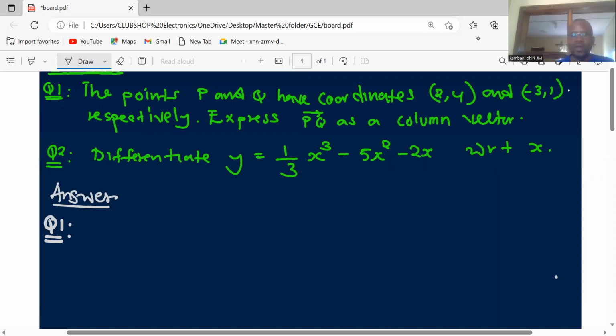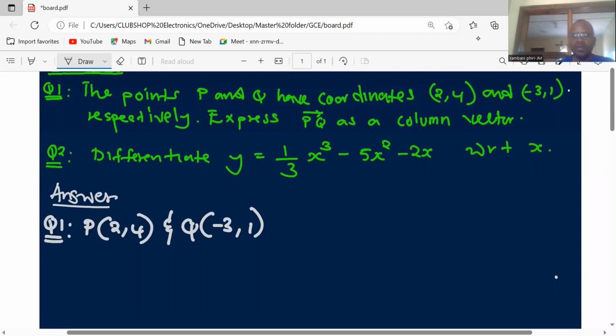By respectively, we mean the coordinates for point P are 2,4 and that of point Q are -3,1. Now, we are asked to express PQ as a column vector.